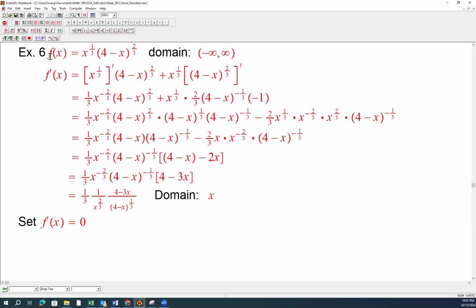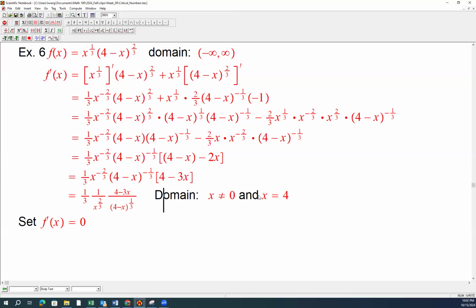The domain of the function is all real numbers. Now we have two numbers that cannot be. So x cannot be 0, and x cannot be 4, because we have to guarantee this denominator is not 0 either.